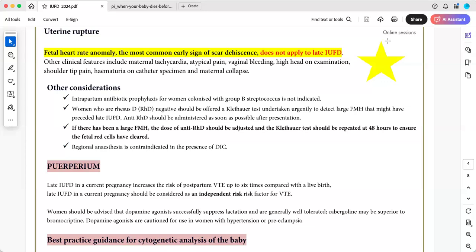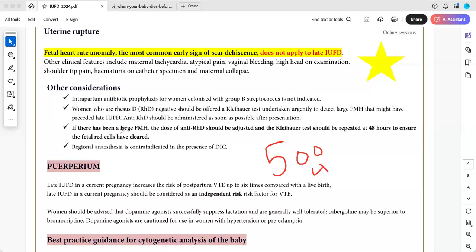If there is a large fetal-maternal hemorrhage, the dose of anti-D will be adjusted, right? We all know the usual recommended dose after delivery is 500, and this covers 4 ml of hemorrhage, correct?